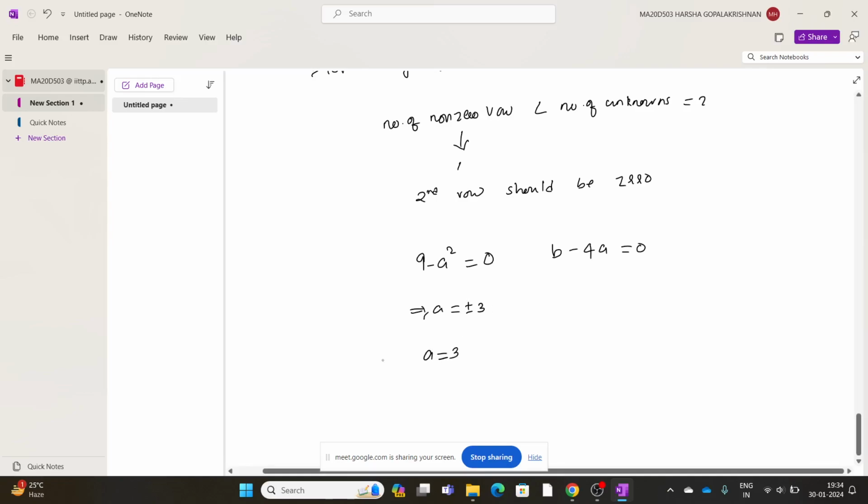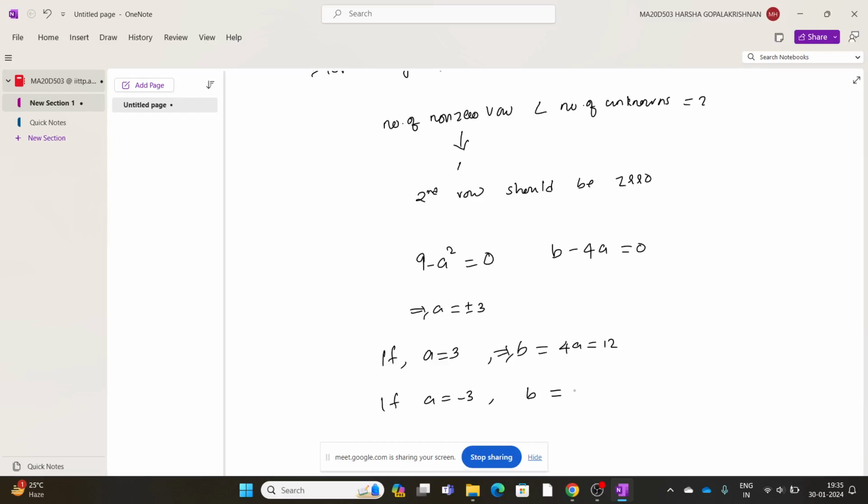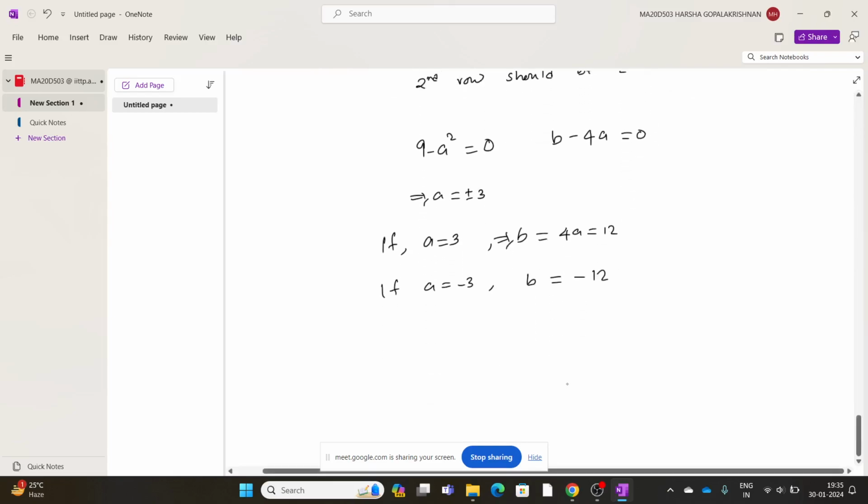Now if a equal to 3, we will get b equal to 4a, which is equal to 12. And if a equal to minus 3, b equal to minus 12. So the cases are (a, b) equal to (3, 12) or (minus 3, minus 12).